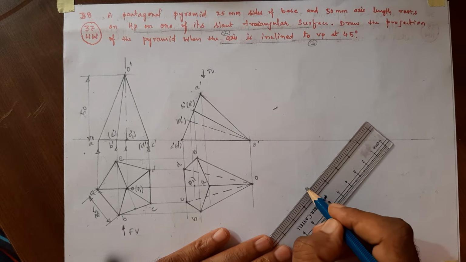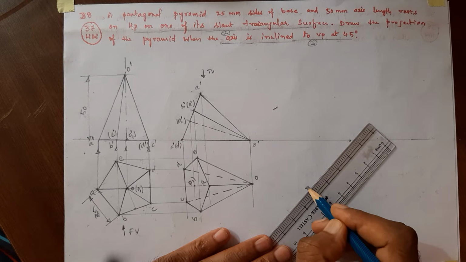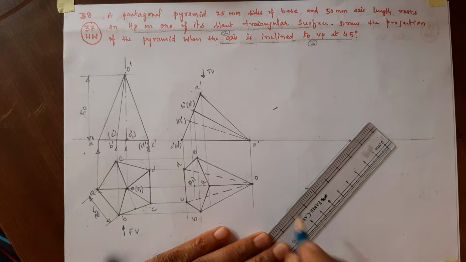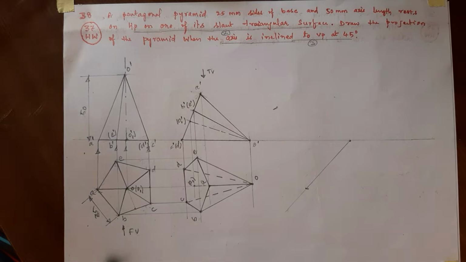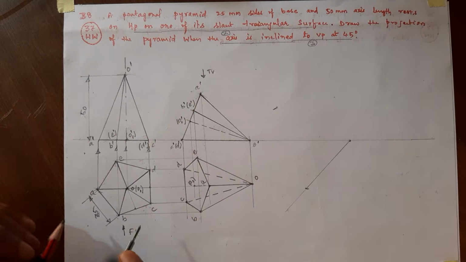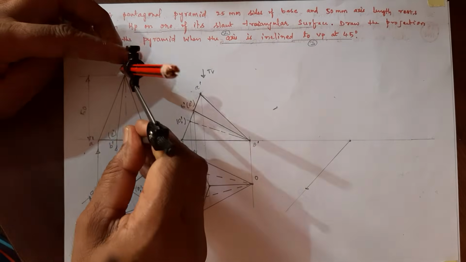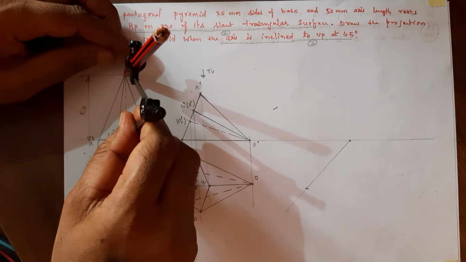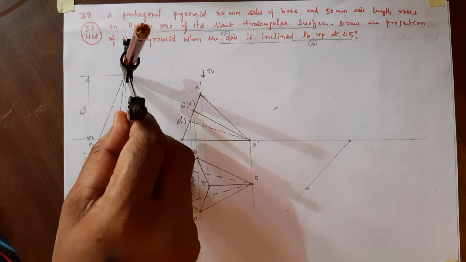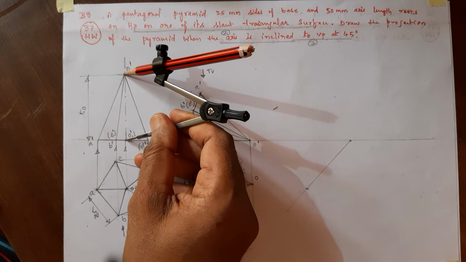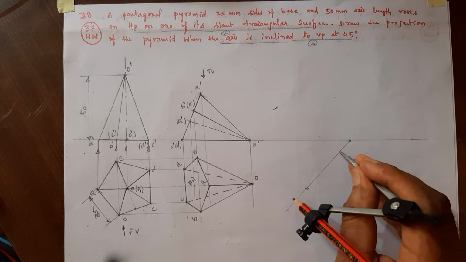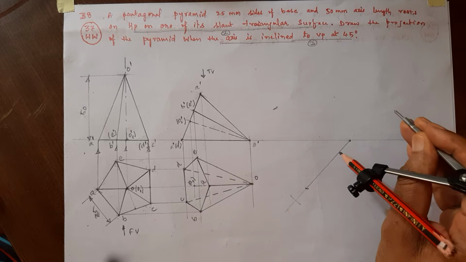Now extend like this. Now take the true length of the axis. True length of the axis is 60 mm. Now keep the compass anywhere on the line and cut this axis.